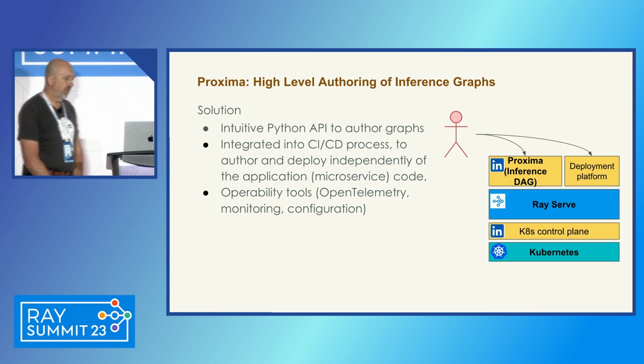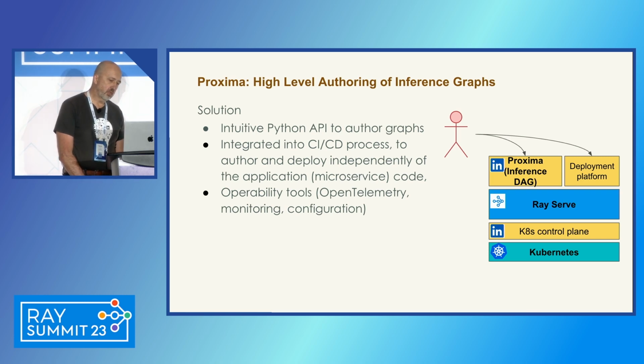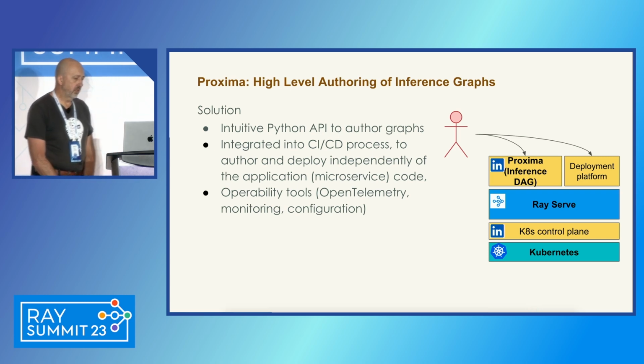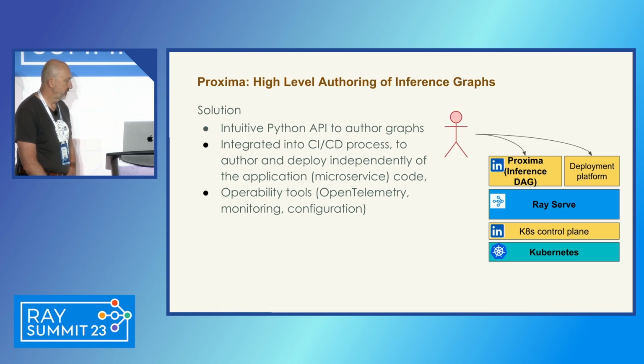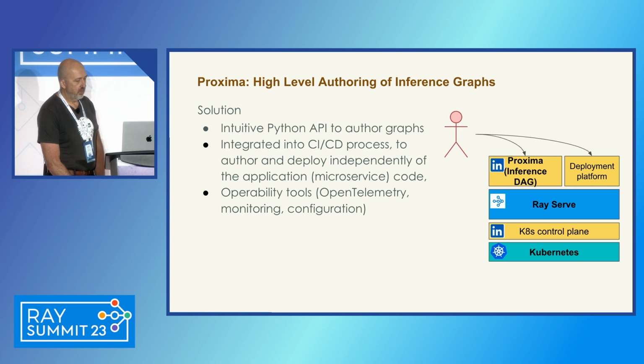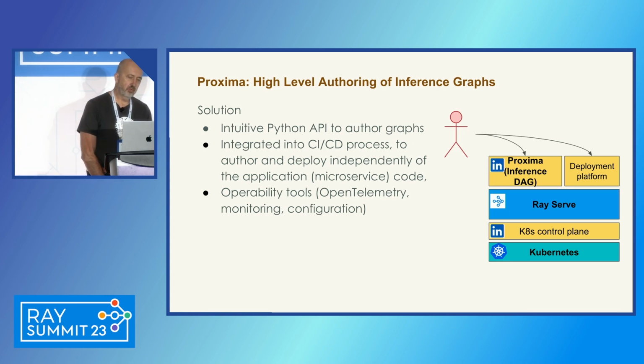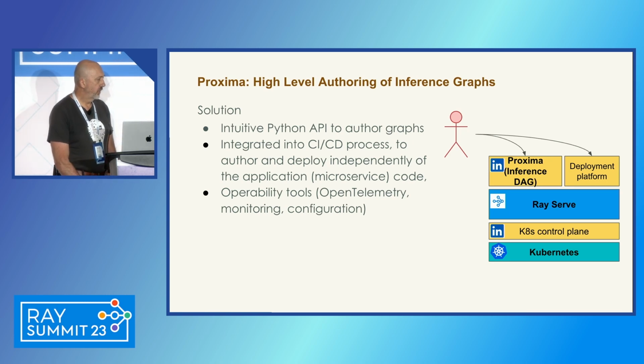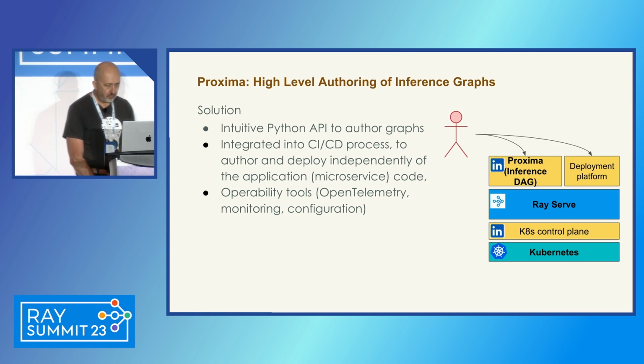So that's our custom control plane. And we run Ray on top of this control plane. And then we run our framework runtime, the inference DAG runtime, on top of that, and deploy using our deployment platform.